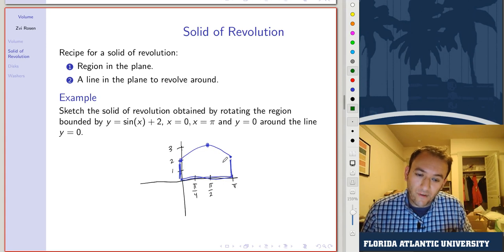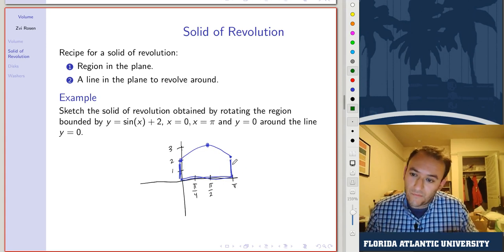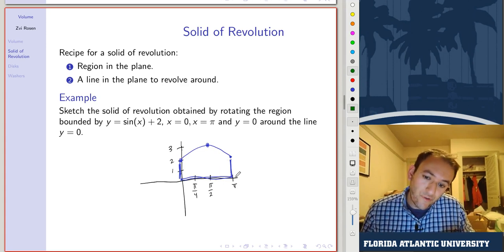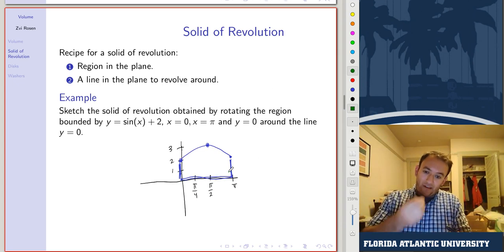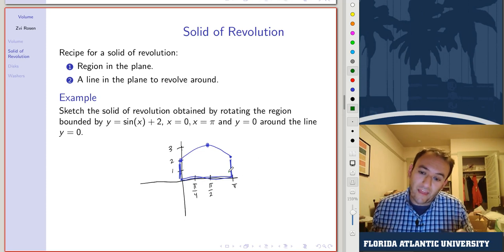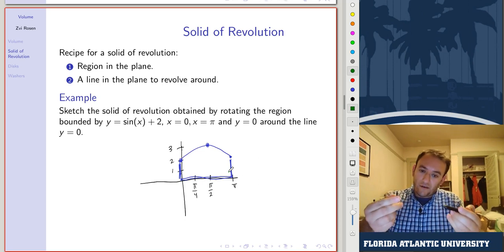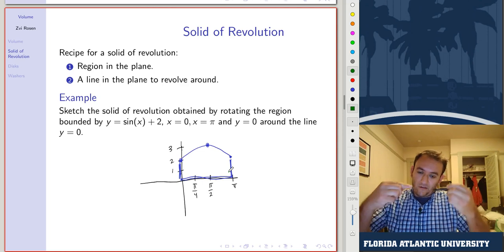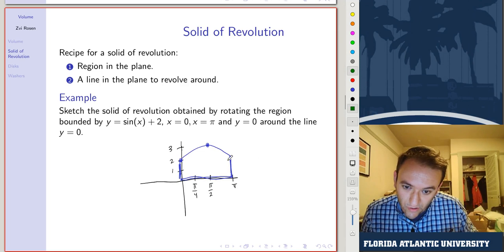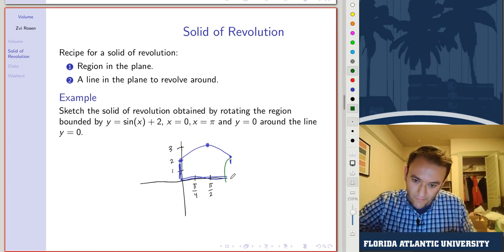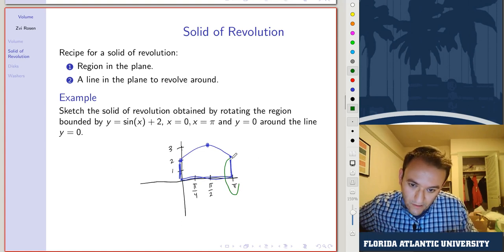And now this is how we get a solid of revolution. We just imagine that there's another axis pointing out at us from the screen, and we're letting the region kind of swing towards us and all the way around. So at each point here, we're going to get a circle.